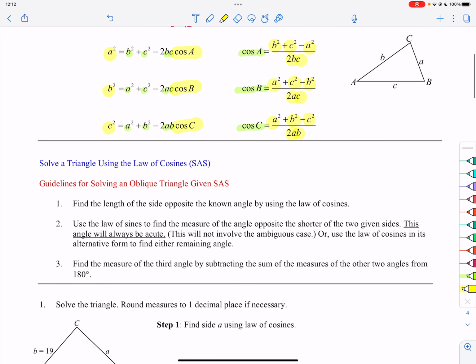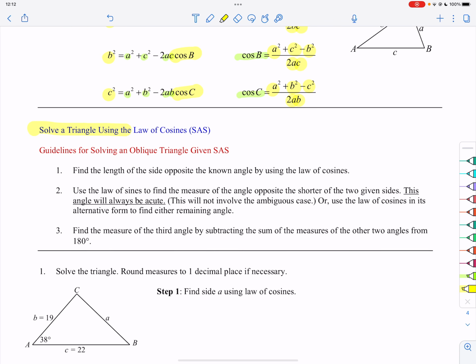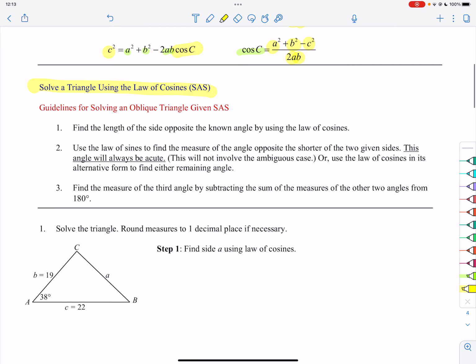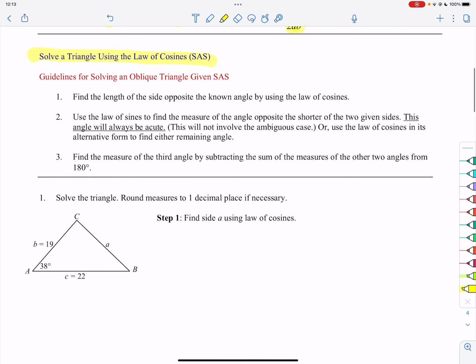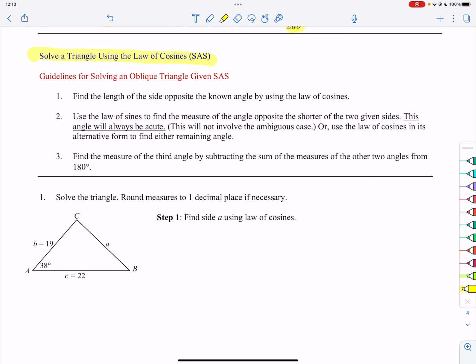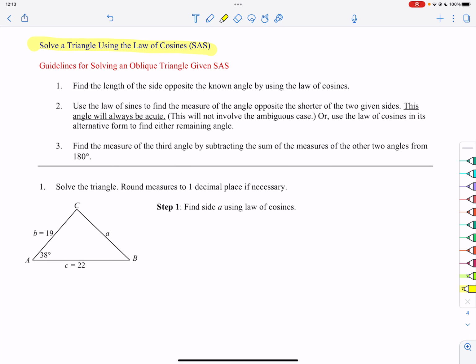So let's try to solve a triangle using the law of cosines. And here is what we have. We'll be given side angle side, and we have an oblique triangle. We will first find the length of the side opposite the known angle by using the law of cosines. Then we'll go back and use the law of sines to find the measure of the angle opposite the shorter of the two given sides.